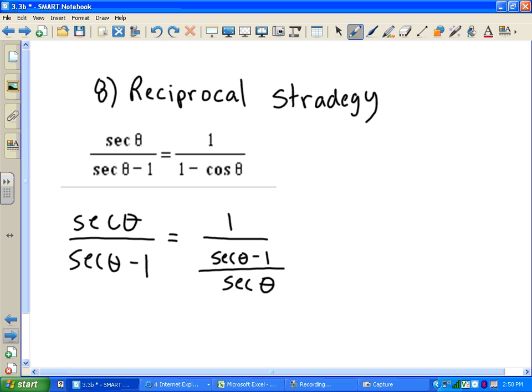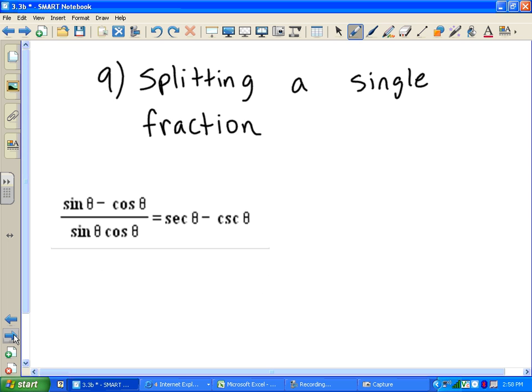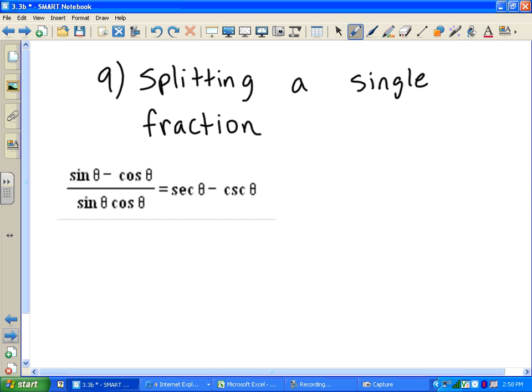Now, let's look at this one. I like this one, splitting a single fraction. So in this case, notice it's a single fraction, and what I can do is split it into two fractions. It's kind of like finding a common denominator, but doing the opposite of that.